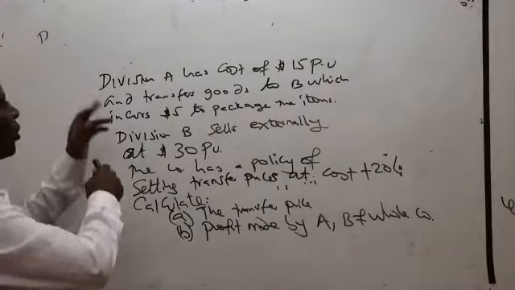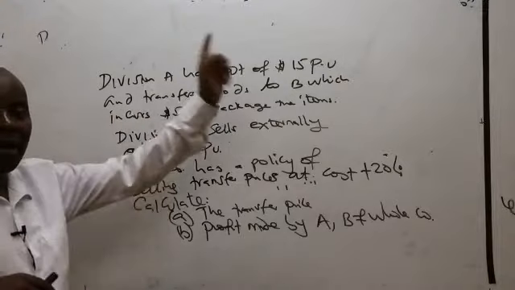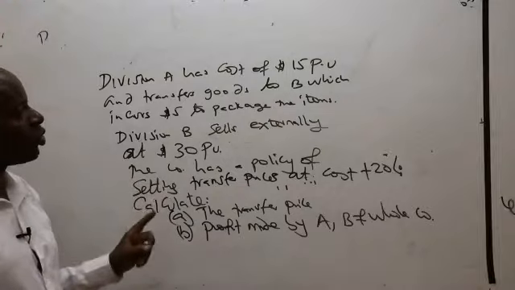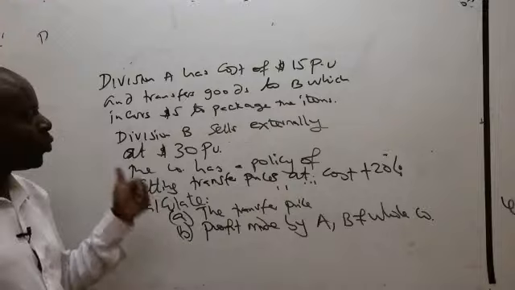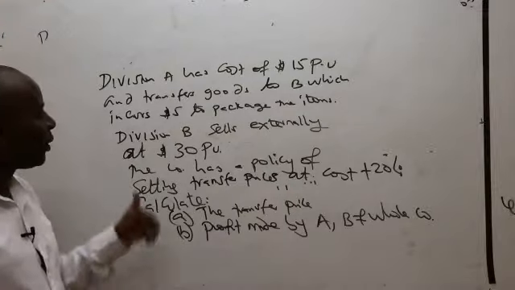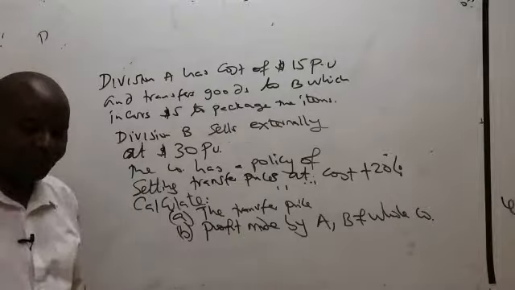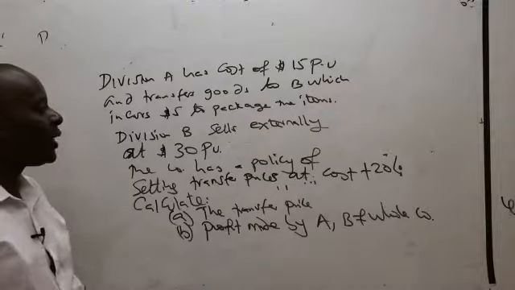So illustration: division A has a cost of $15 per unit and transfers goods to B, which incurs $5 to package the items.